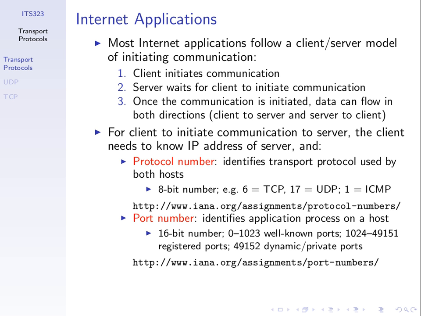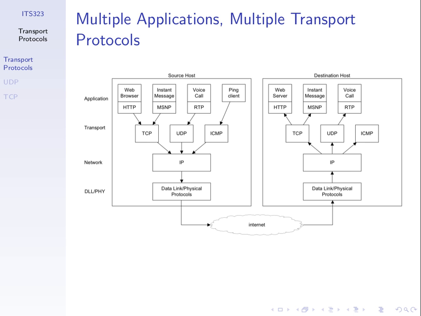Any questions about port numbers or protocol numbers? They're used on multiple transport protocols. This captures in a bit more detail what I've tried to show here. The fact that on a source or destination host, we may have multiple transport protocols, and the protocol number is used to identify which one is in use.